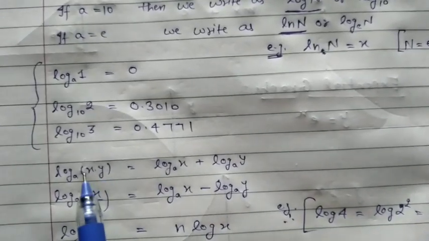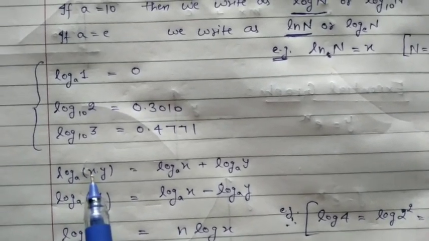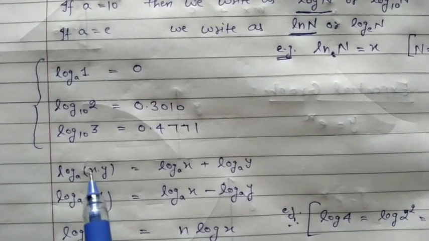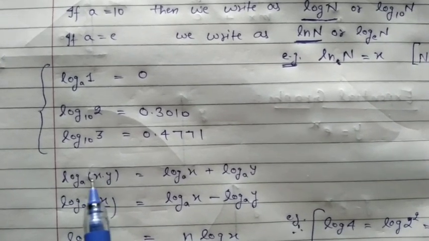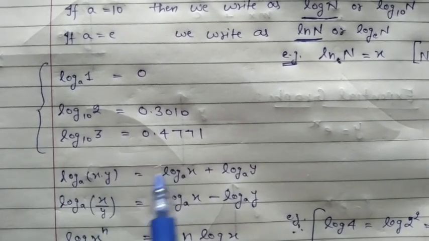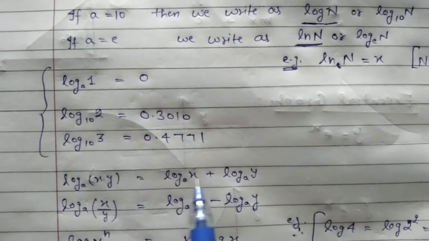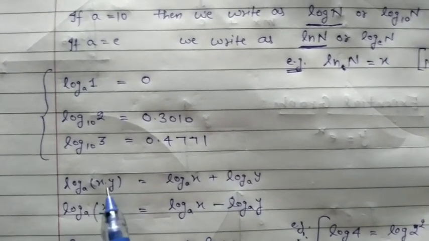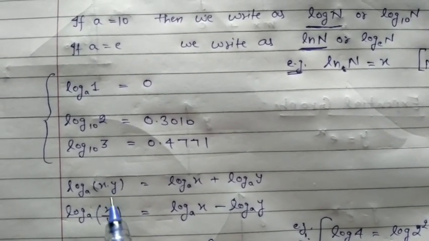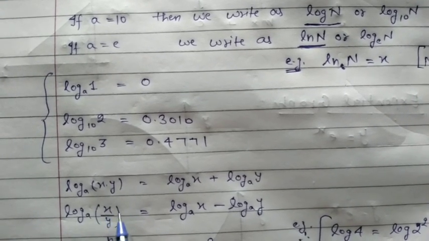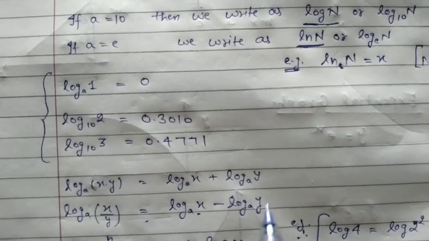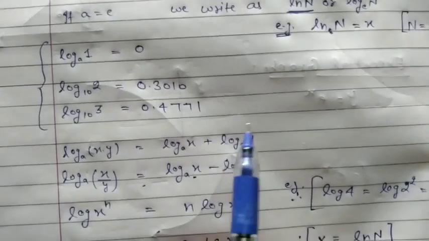And this is the formula for the logarithm of any two numbers x and y which are multiplied with each other. This can be written as log of x plus log of y, and if these two numbers are divided, then it can be written as log of x minus log of y.